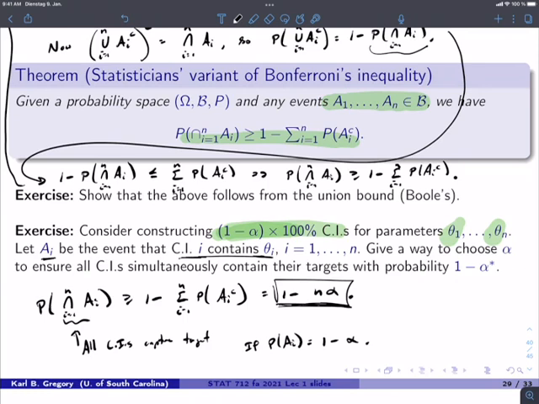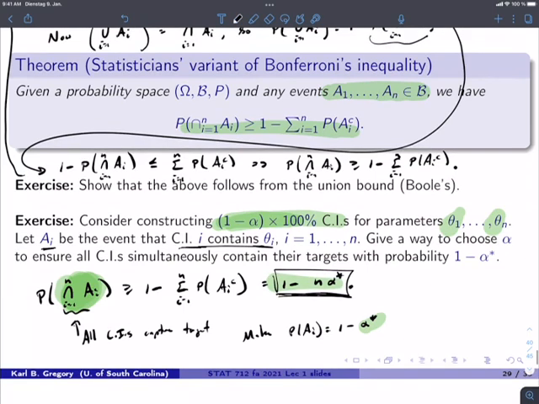So what people do sometimes is they adjust their confidence intervals so that they use some alpha star, and then the simultaneous coverage probability, sometimes called the family-wise coverage probability, is guaranteed to be at least this great.